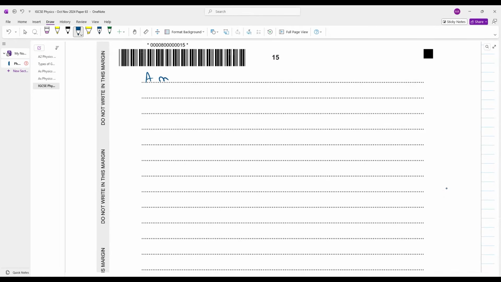A meter rule will be needed to measure distance.